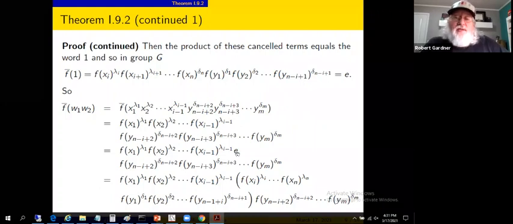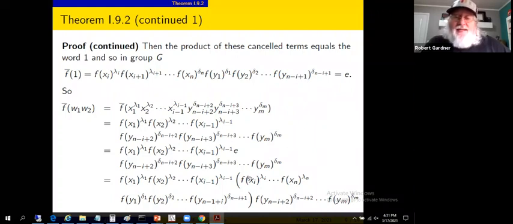But wait, let's introduce an identity in group G. So the only difference in this line and the next line is that I've introduced an identity after the last X and before the first Y. Here's an expression for the identity, and it involves all the missing X's and all the missing Y's.